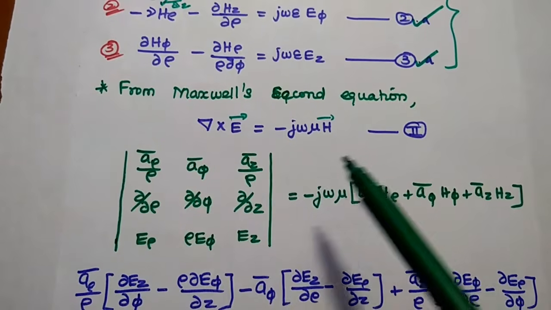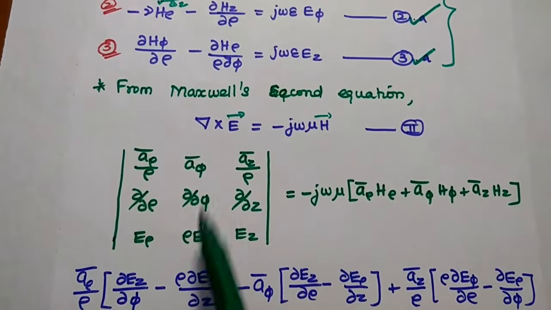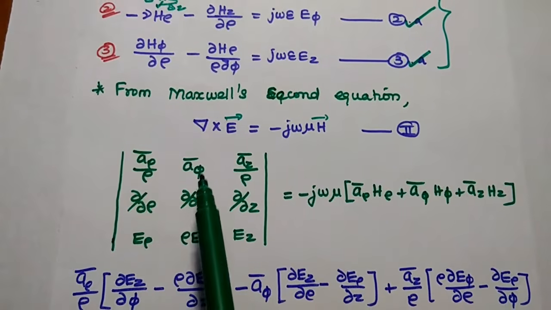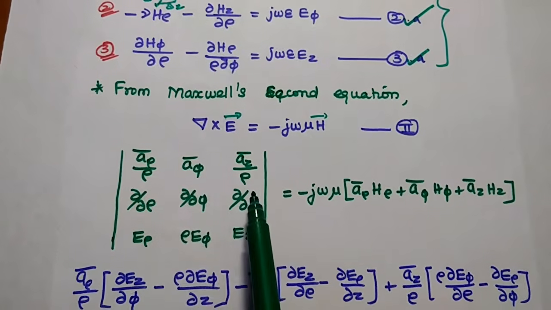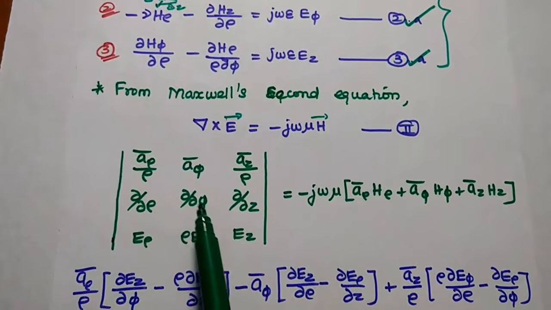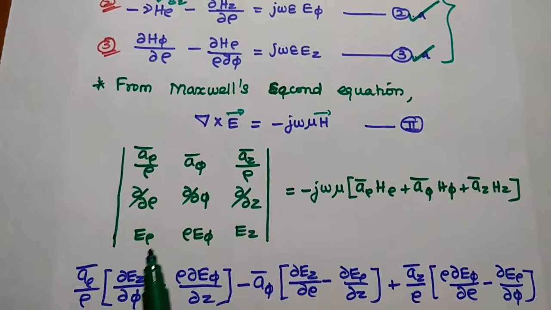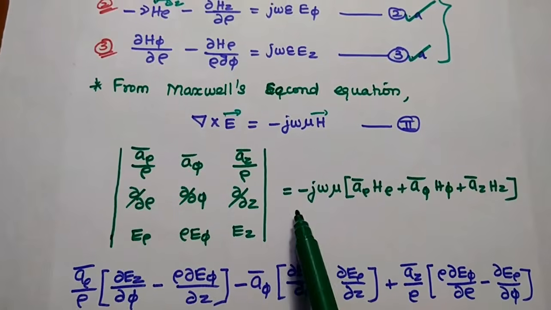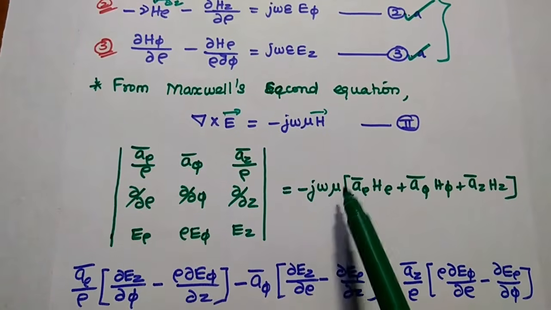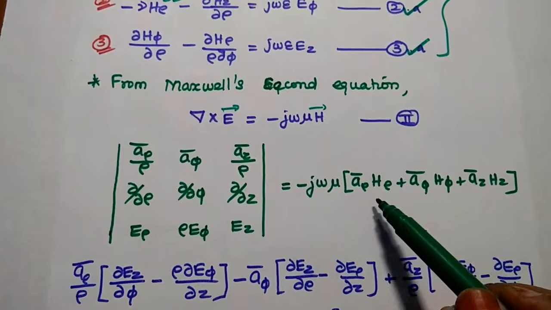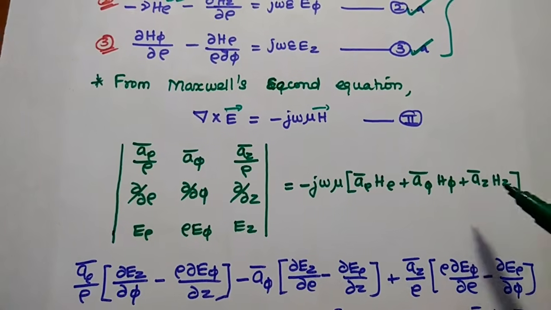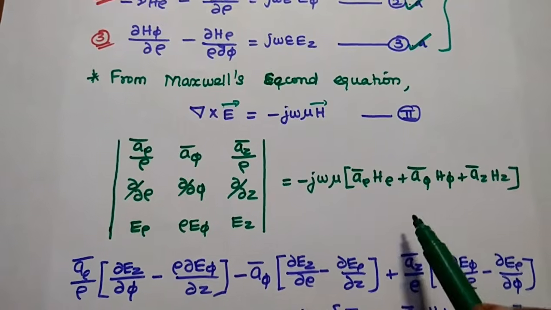The same way we can take the curl operation for this electric field: a rho bar by rho, a phi bar, a z bar by rho; dou by dou rho, dou by dou phi, dou by dou z; E rho, rho E phi, Ez, equal to minus j omega mu into the H vector, which can be written as a rho bar H rho plus a phi bar H phi plus a z bar Hz. Okay.